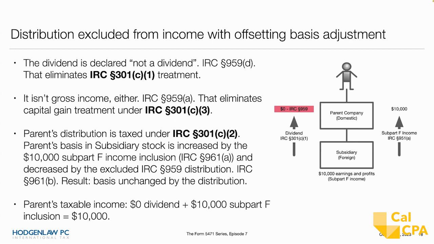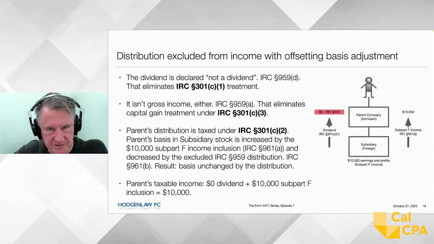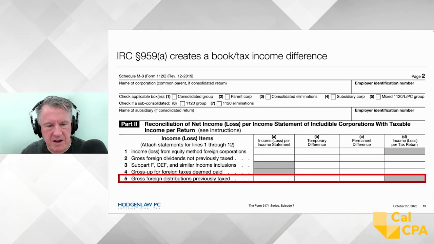I hope one of them works for you. And again, here I'm just picking Schedule M-3 because it has a line for it. This is where gross foreign distributions previously taxed go. See, they used the word distributions correctly. They didn't specify dividend. You enter your book-tax difference there, and hey presto, you're done.